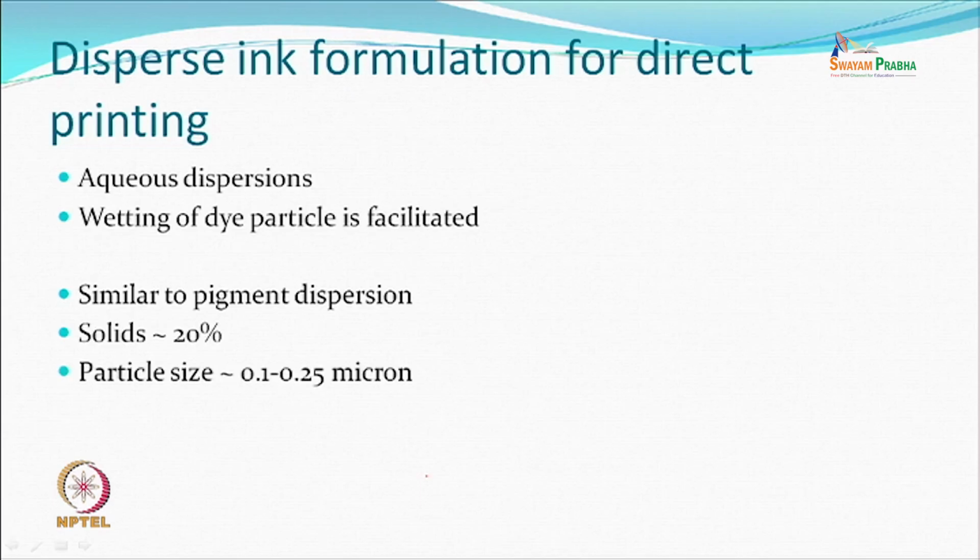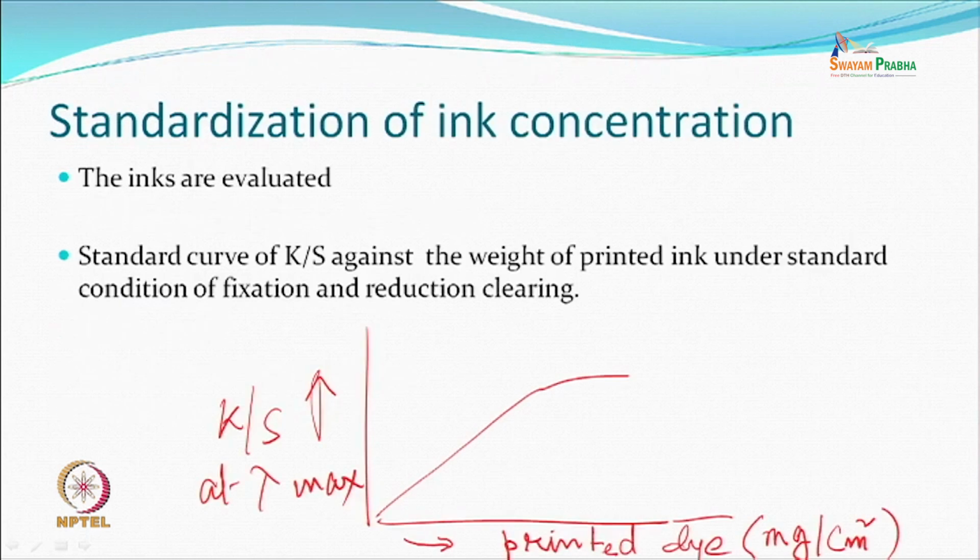Particle size obviously has to be very small. It is 0.1 to 0.25 micron, which is definitely much less than the size of a fiber or a fiber diameter. Viscosity is in the range of 20 to 50 millipascal second for the ink. There is also standardization.